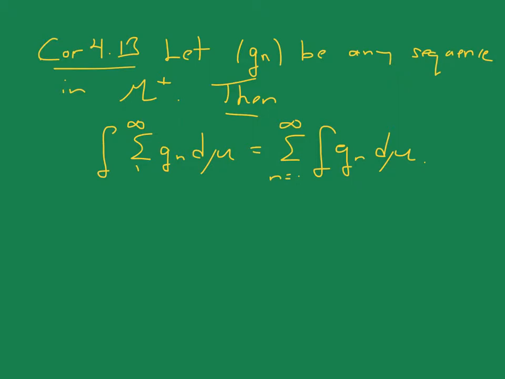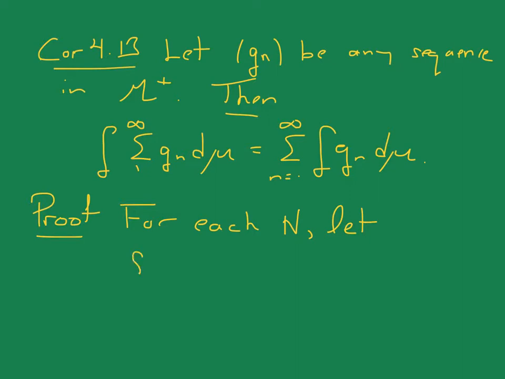Okay, so let's do the proof. And we'll see that this is a fairly straightforward application of the monotone convergence theorem. All right, so for each positive integer n, we're going to let S sub capital N be the capital Nth partial sum of the functions g sub k.